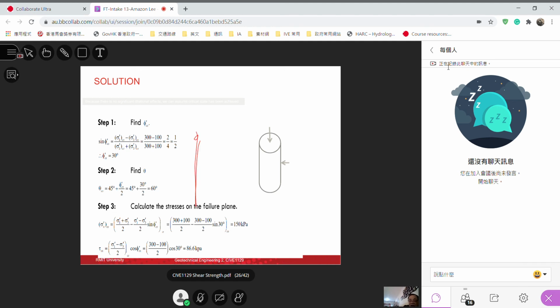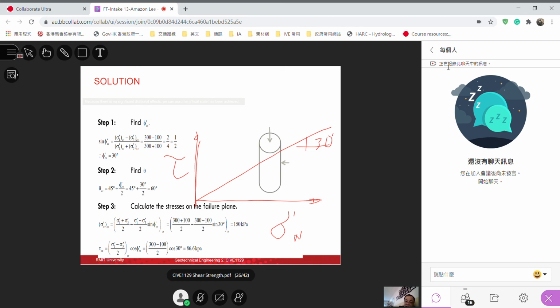Now, I didn't ask you to plot, but I will do it for you. If I plot, this is the maximum shear stress, and this is the maximum normal stress. Here we don't know the cohesion intercept, but we know that the angle of friction is 30 degrees.